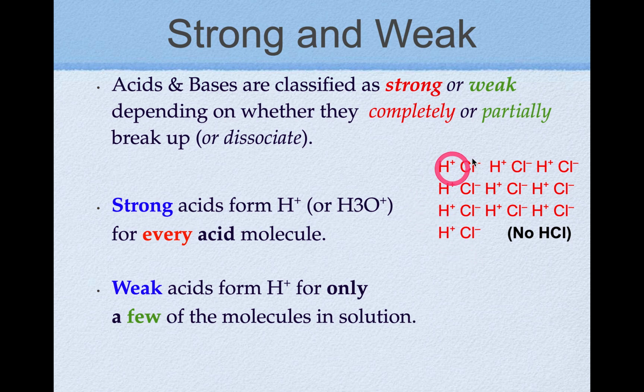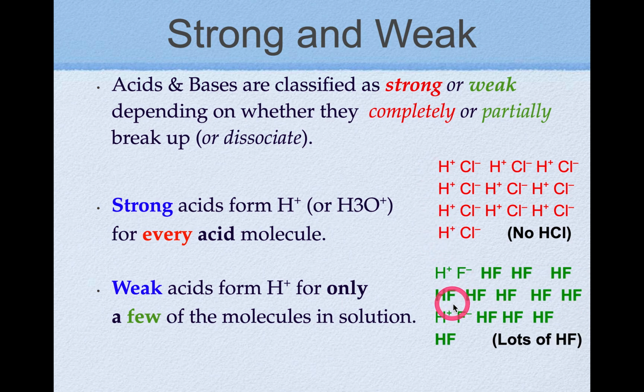If I model that, it looks like this. For a strong acid, there will be no molecules of HCl in it. They'll all be separated into H and Cl. For weak, almost everything will be a molecule of HF, and few of them will be broken up into the ionic pieces, H plus and F minus.